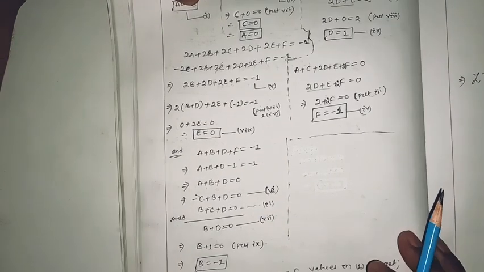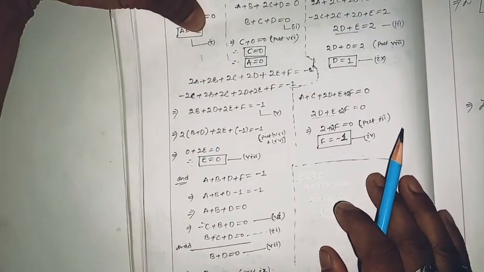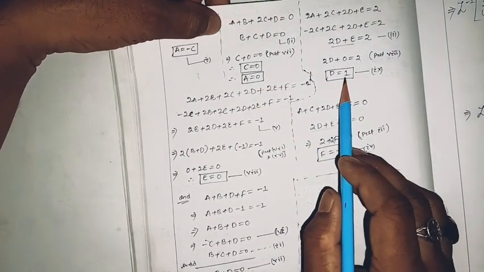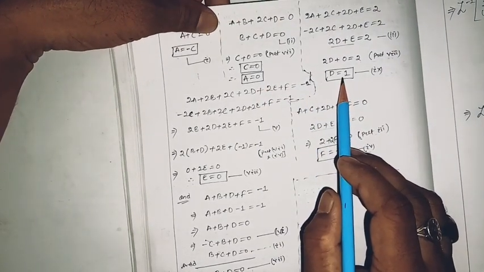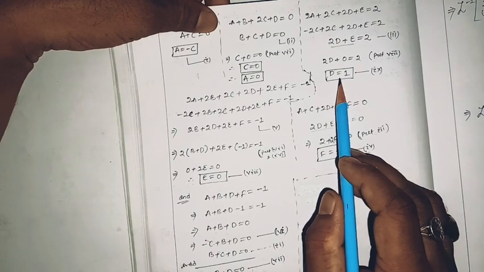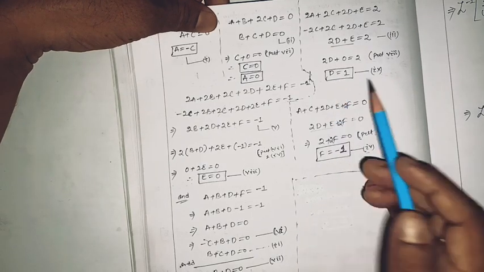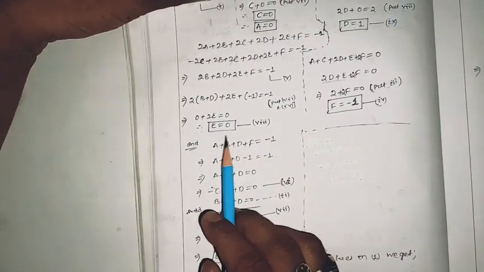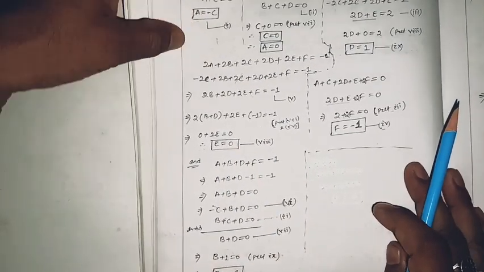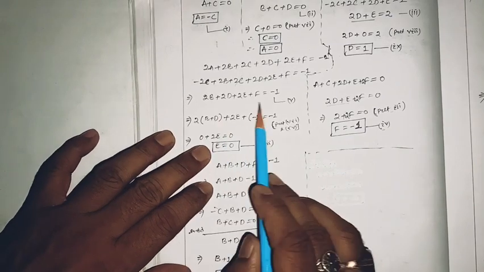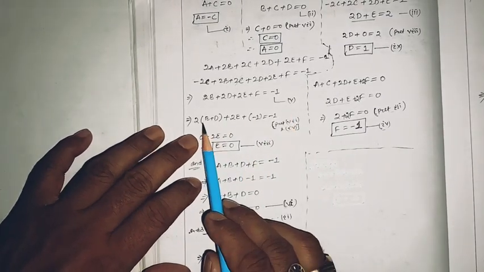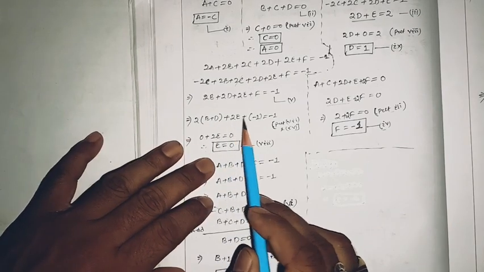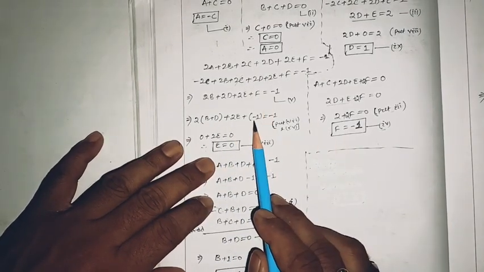Now here you have to carefully watch that d we found 1. We found d equal to 1. Okay, first we have to solve this one. So here let this is your equation number v. Now if I will consider these two terms, 2 into b plus d plus 2e, here f we found -1.